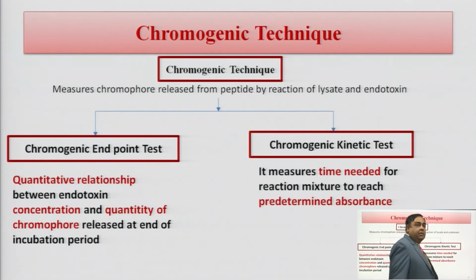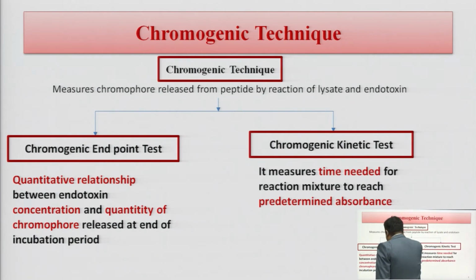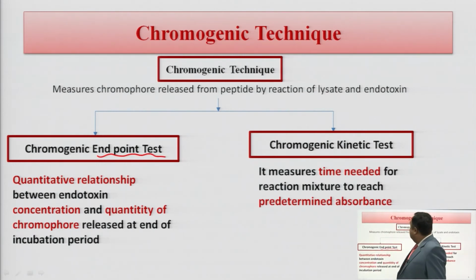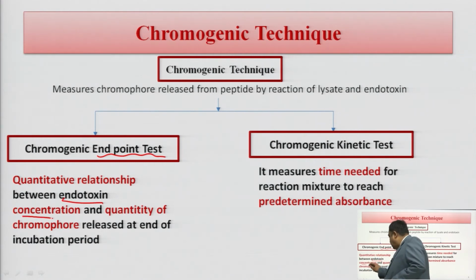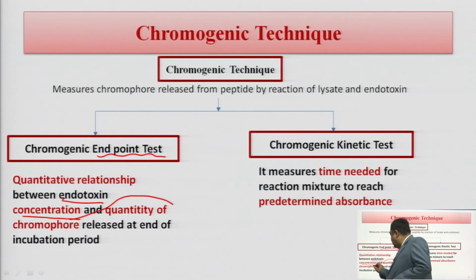Next is the chromogenic technique. In the case of the chromogenic technique, again we are having two different processes. One is known as the chromogenic endpoint test, where the term chromo means color. The quantitative relationship between the endotoxin concentration and the quantity of the chromophore released.